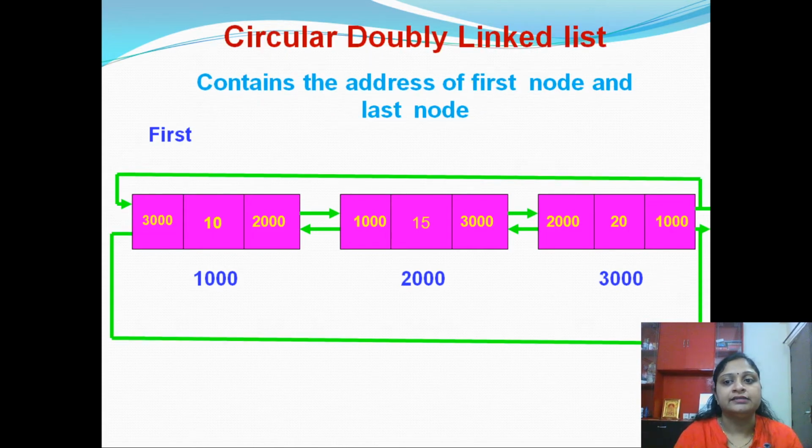Circular doubly linked list. The difference between a doubly linked list and a circular doubly linked list is that here we can move in a circular way.